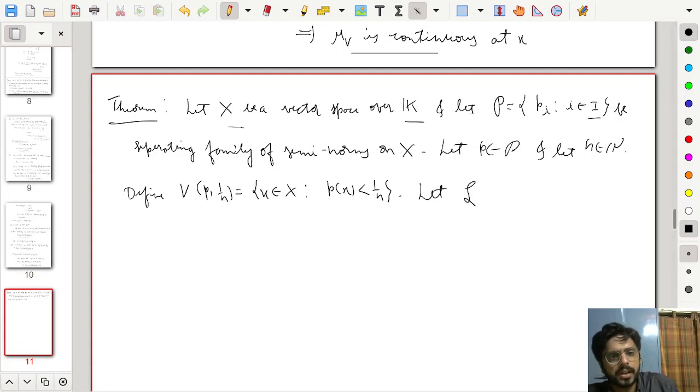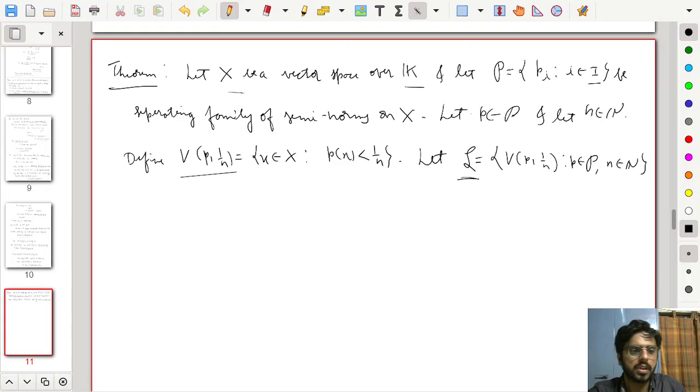Let script S be the collection of all such sets V of p comma 1 by n, where p varies over P and n varies over N.